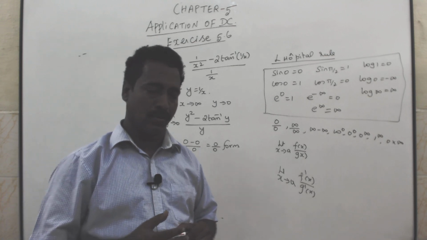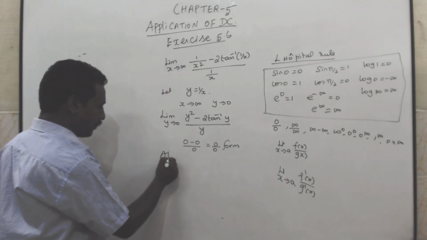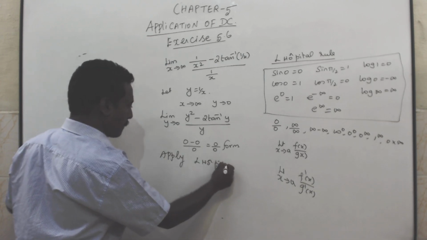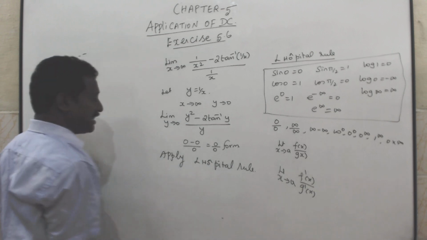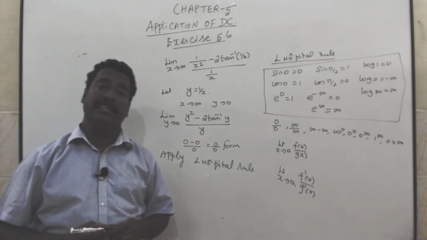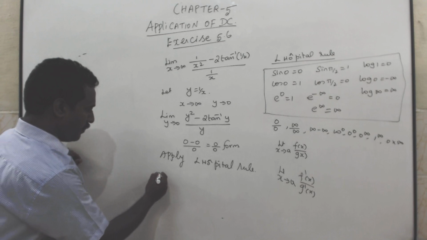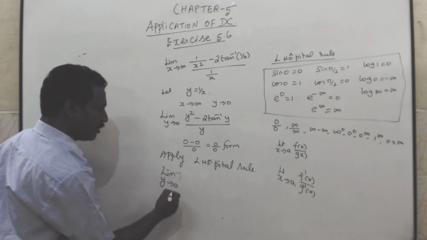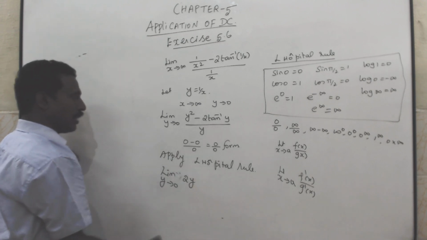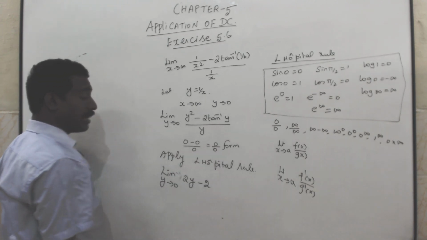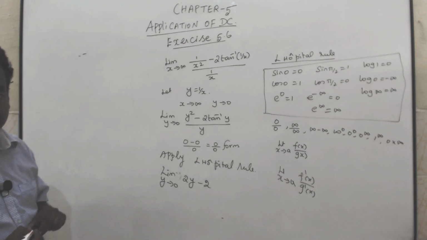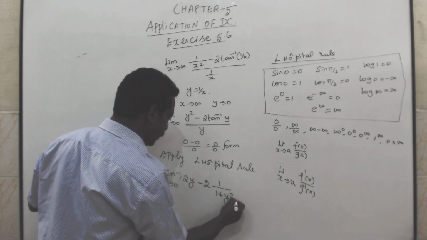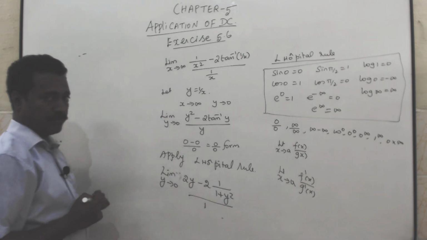Apply L'Hopital rule. Differentiate numerator separately, denominator separately. Limit y tends to 0, y square differentiation is 2y minus 2, tan inverse y differentiation is 1 by 1 plus y square, differentiation of y is 1.